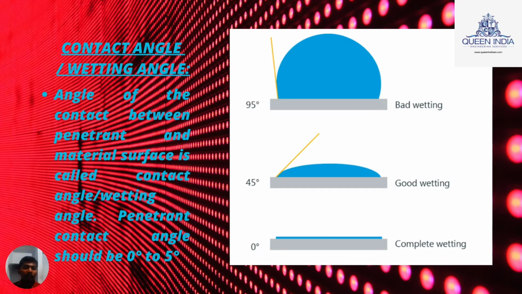Contact angle is also known as wetting angle. The angle of contact between penetrant and the material surface is called contact angle or wetting angle. Penetrant contact angle should be 0 degree to 5 degree. 95 degree is bad wetting, 45 degree is good wetting, 0 degree is complete wetting.